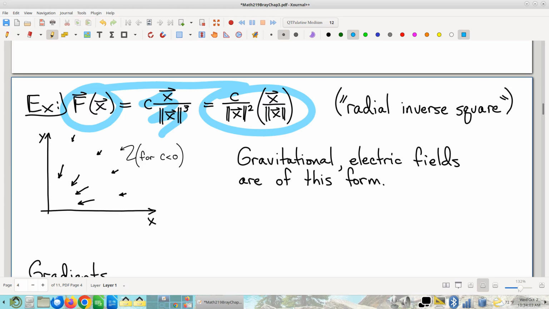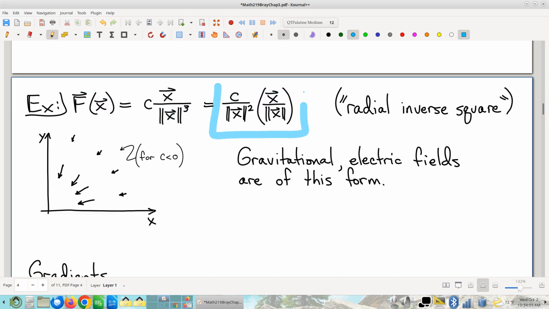What I like about this expression is that you can see the direction by way of that right there. That's a unit vector, something divided by its own magnitude. Everything outside of the green here is just scalar. This is only about magnitude and doesn't say a thing about direction. And so I have literally the unit vector pointing the direction that the field vector points right there in front of me, and that's super handy.